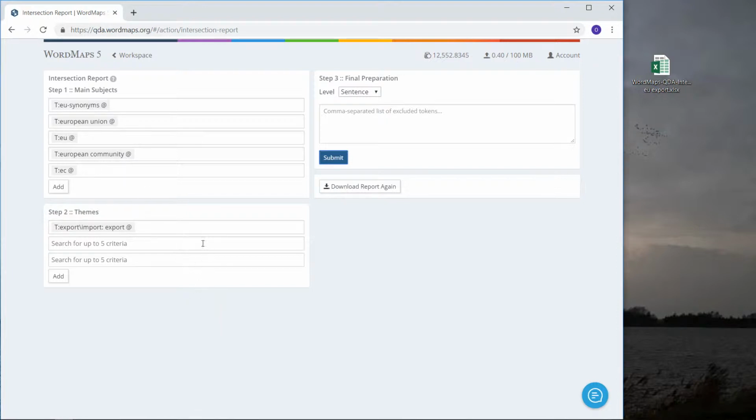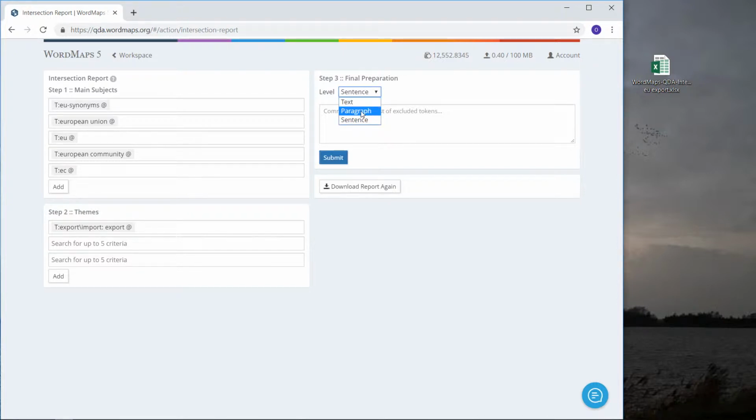This analysis is now going to be cross-tabbed with another topic, and we want to find out how much export-related matters are discussed in the same sentences as EU-related matters. And we see over here that we have selected that the crosstab must be within the sentence.